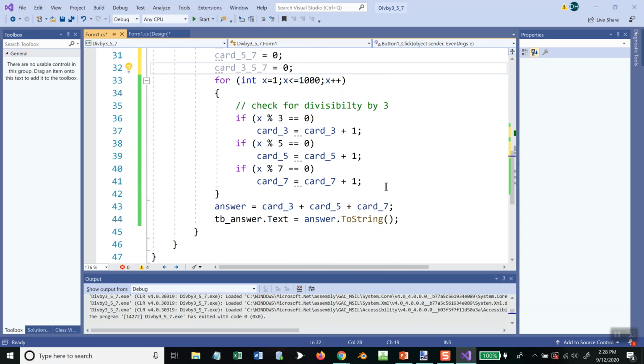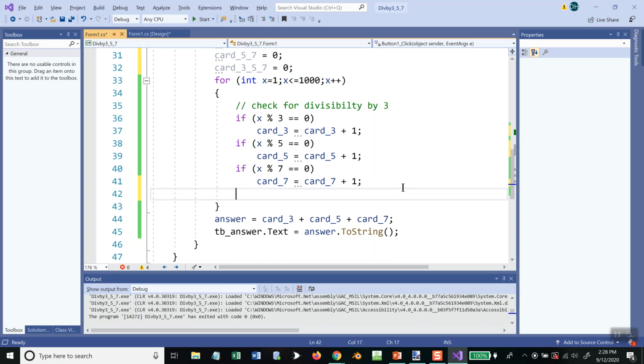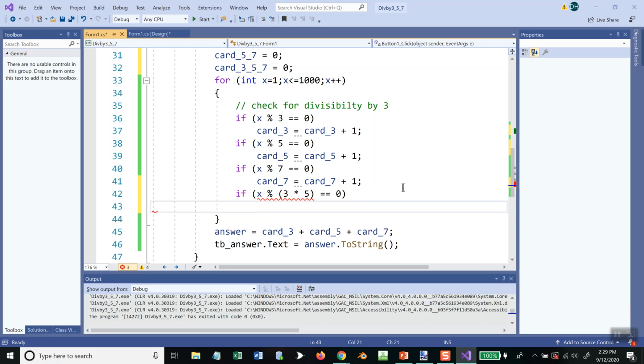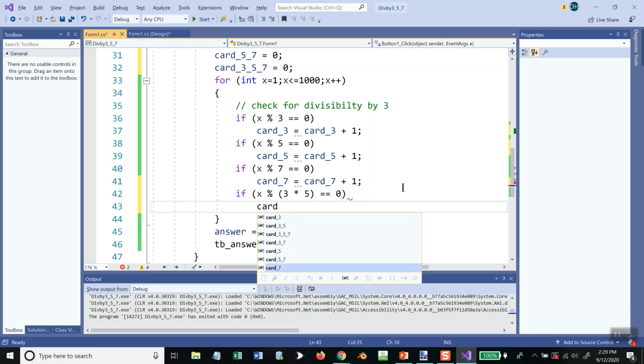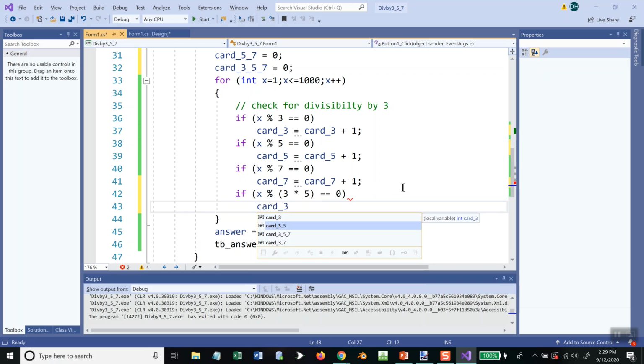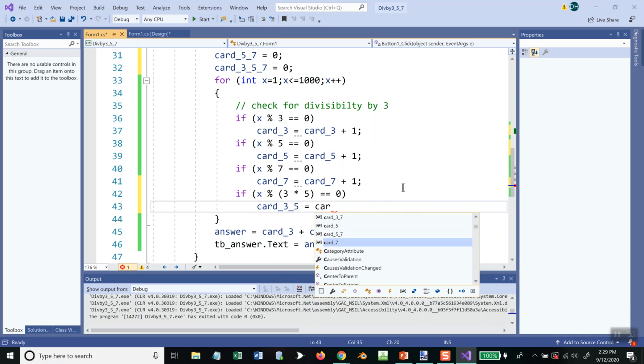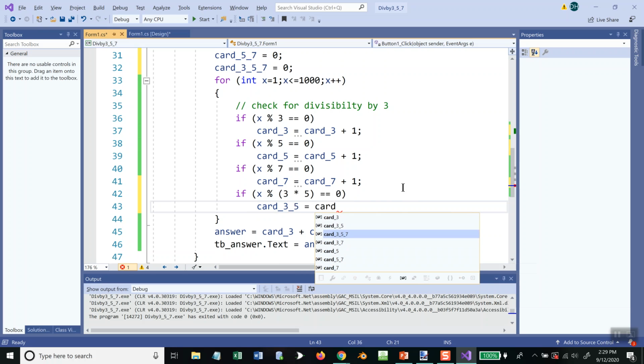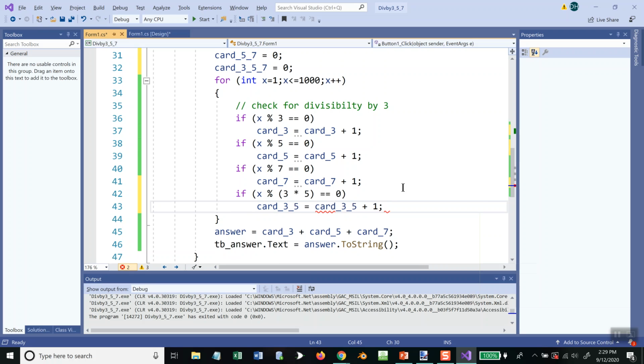Okay, so down here then, I'm going to check if x is divisible by 3 times 5 equals 0. Then we're going to have card 3, 5 equals card 3, 5 plus 1.